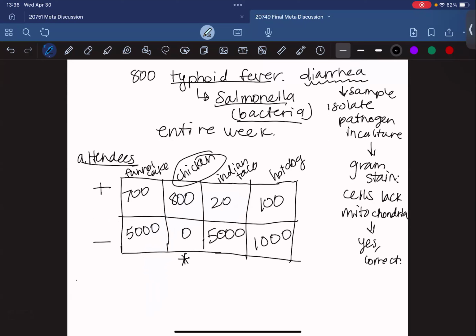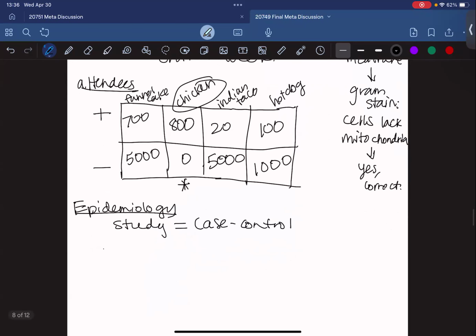So what type of epidemiological study did we just do? This is a case control. This particular outbreak, is it spreading from person to person from this initial incident?